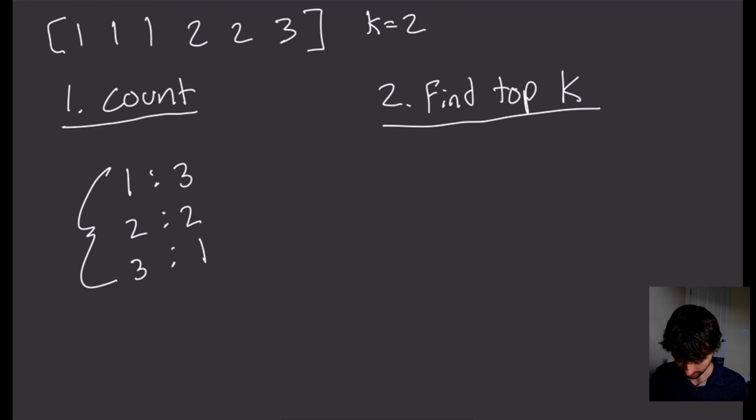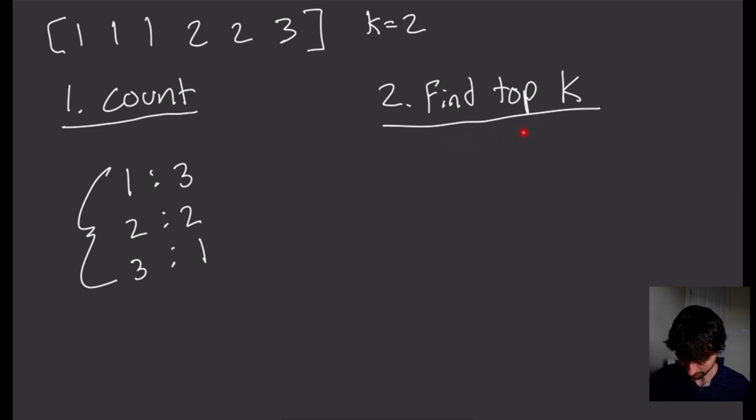So this is just showing that element 1 occurs 3 times, element 2 occurs twice, and element 3 occurs just 1 time. So I think that's the first step. Just iterate through the whole array and build these counts.